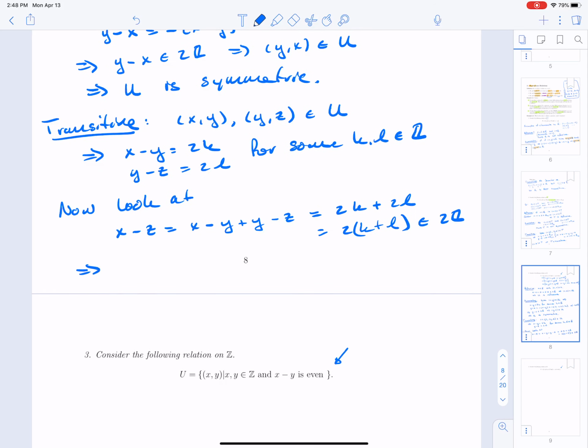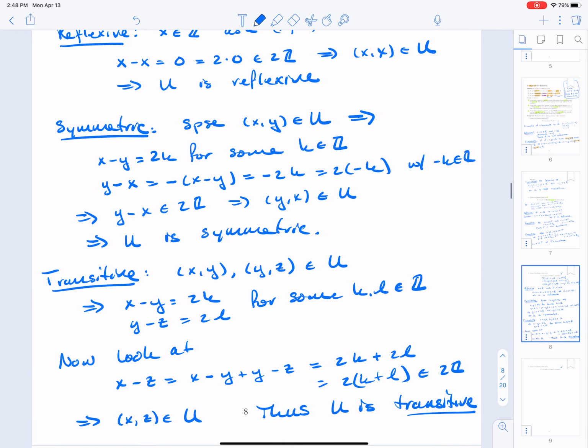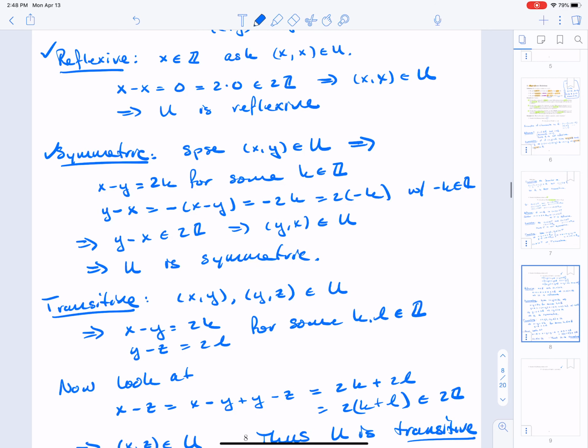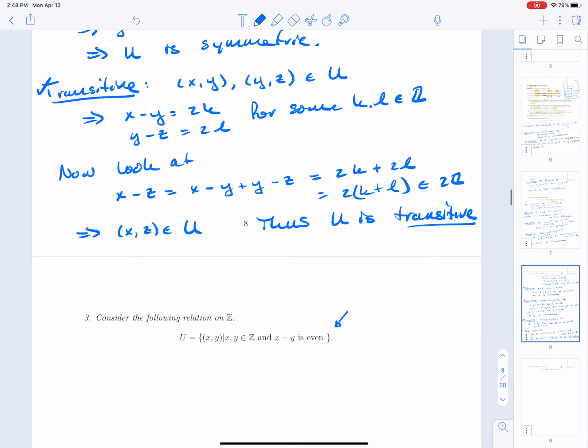And so what I see is that x, z is in my relation, and thus U is transitive. So this is our first example of one that is reflexive, symmetric, and transitive, and therefore, overall, U is our first equivalence relation. So it satisfies all three conditions.